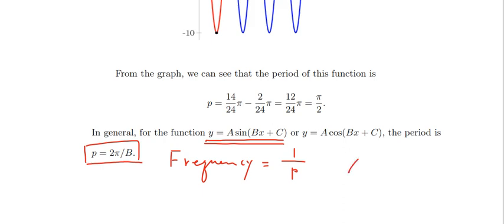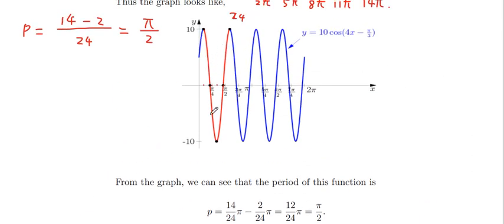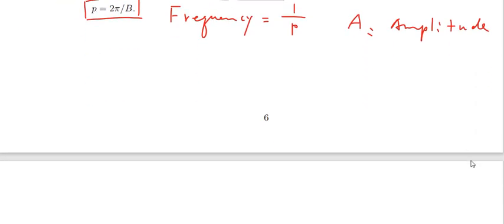And this a we also have a name for: we call it amplitude. It's how much it goes up and goes down. Here, going up and down is 10, so we call this 10 the amplitude.